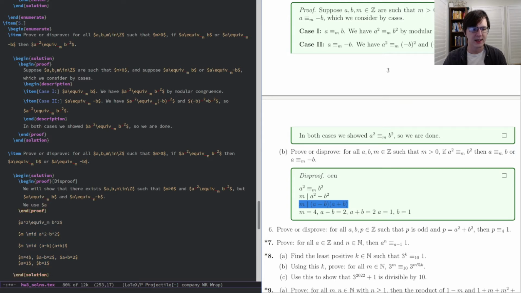So we use a equals 1, b equals 1, m equals 4. Okay, so we have that m is greater than 0. And a squared is equivalent mod m.